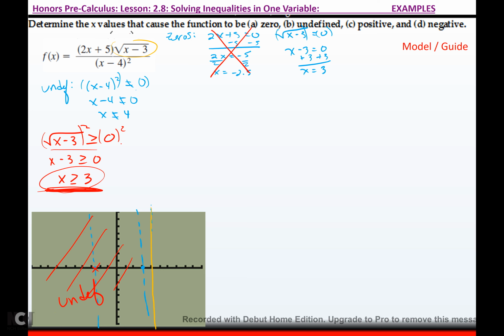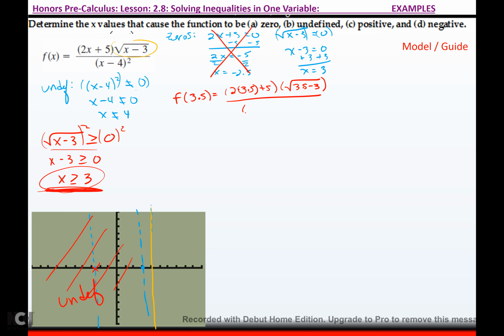Okay, so now we're going to do a sign chart. I got to pick something between 3 and 4. Let's pick 3.5. If I find f of 3.5, I'm going to have 2 times 3.5 plus 5 times the square root, what did I pick? 3.5 minus 3, right?